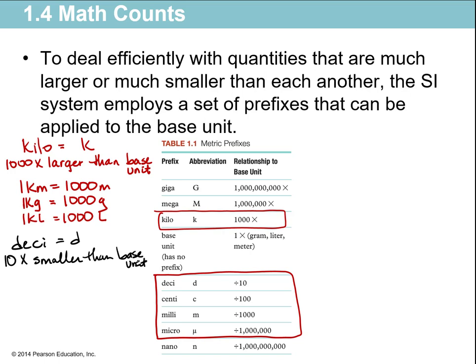So whenever I have to do a unit conversion that includes deci, I will have a 10 in front of the term that has the deci. So it takes 10 decimeters to make 1 meter, 10 decigrams to make 1 gram, 10 deciliters to make 1 liter. So see how the deci always gets the 10 in front, and the base unit is a 1.